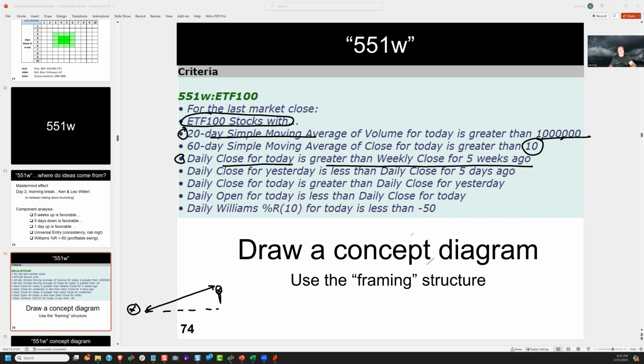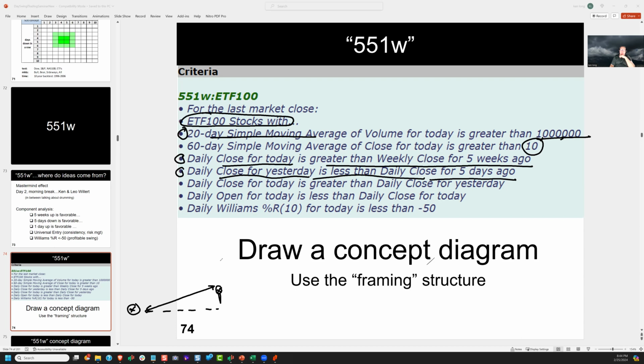Check. And the next rule was the daily close for yesterday. In other words, the day that it closed, when today is over, that's the day -1. So the daily close had to be lower than it was 5 days ago.